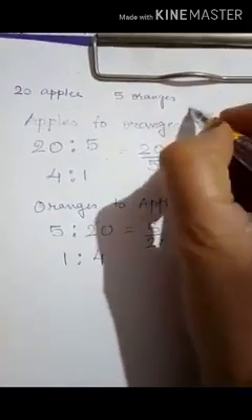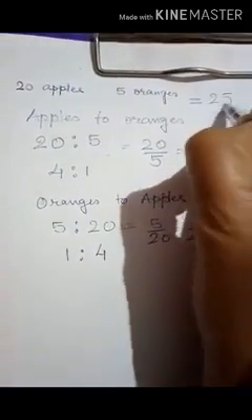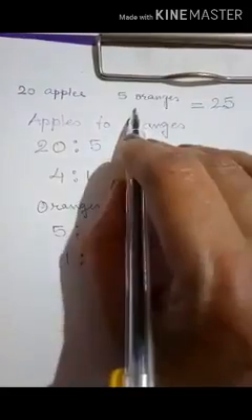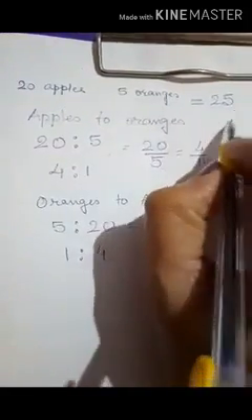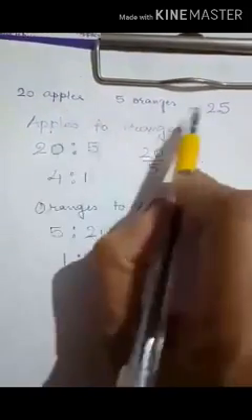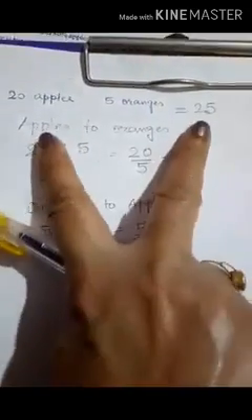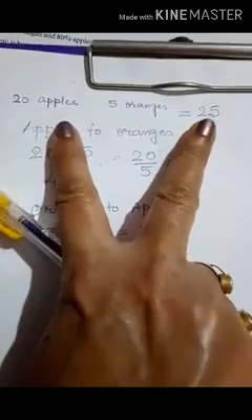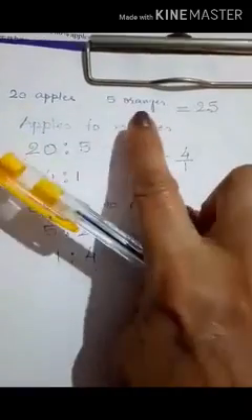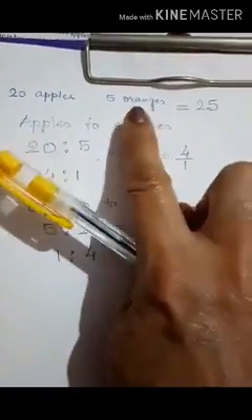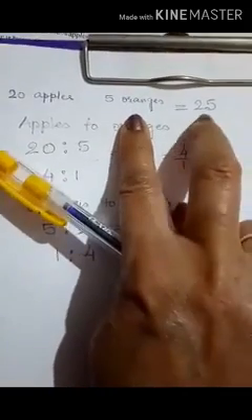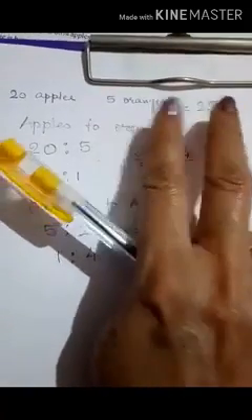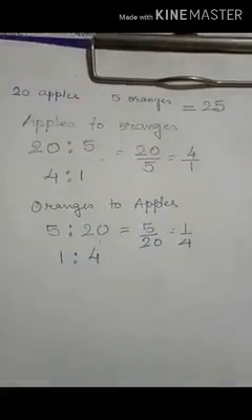There are 25 fruits, both together. So to find the ratio of apples to the total number, remember, we'll compare only these two: apples to the total number, 20:25. And if we compare oranges to total, then 5:25. That is how we compare the quantities.